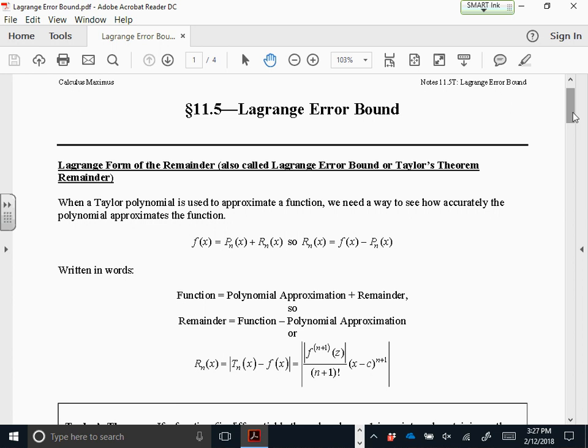So you see written here, our function is going to be whatever our polynomial is plus the remainder. Or our remainder is the difference between our function and our polynomial.